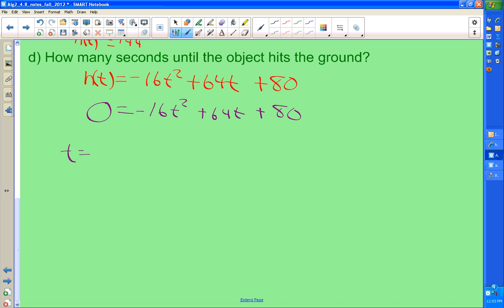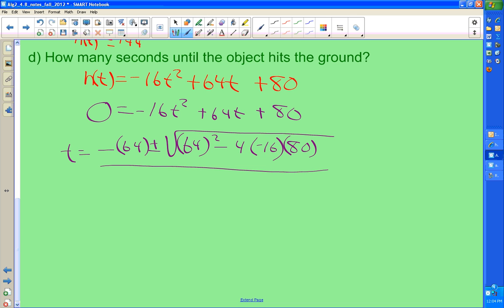T is going to equal the opposite of 64, plus or minus the square root of 64 squared minus 4 times negative 16 times 80, all over 2 times negative 16.